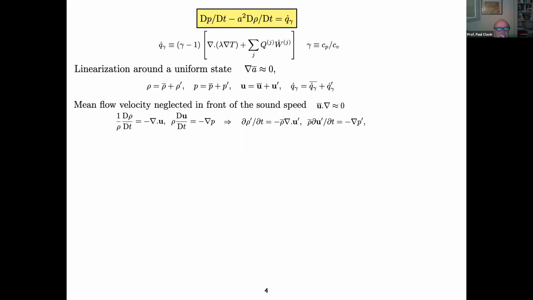When you neglect the mean flow velocity in front of the sound speed, you obtain this relation here, telling you the relation between the time derivative of the velocity and the gradient of the pressure.